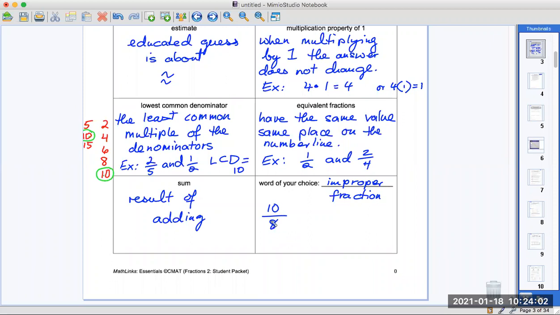That's not proper. When it is a proper fraction, the numerator would be smaller than the denominator. So we can turn it into a mixed number. So I can say, how many times does 8 go into 10? It's 1 time with a remainder of 2/8. And now I can say 2/8, which is 2 out of 8 pieces, is the same as 1 out of 4. And this is called a mixed number.